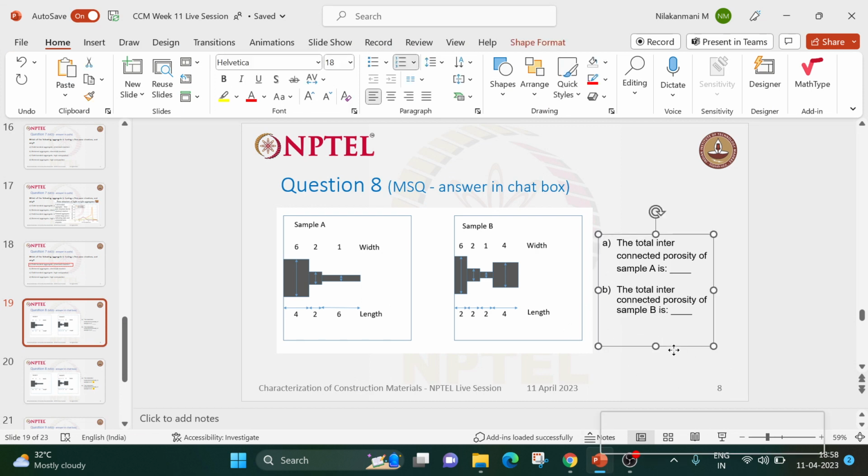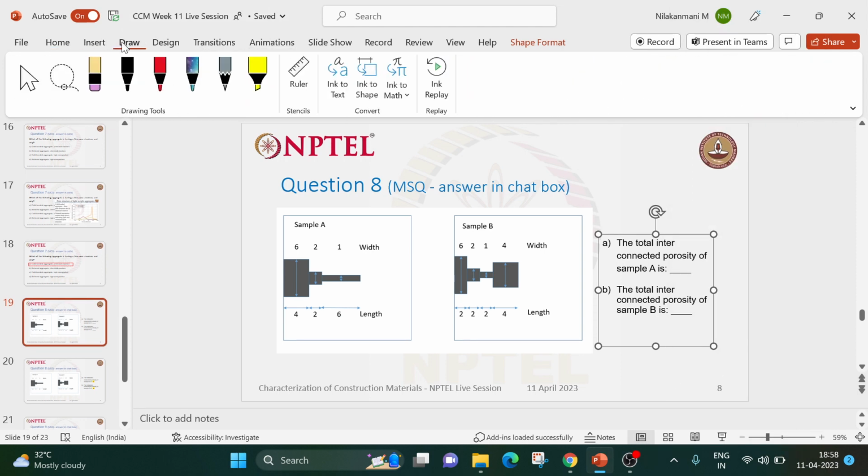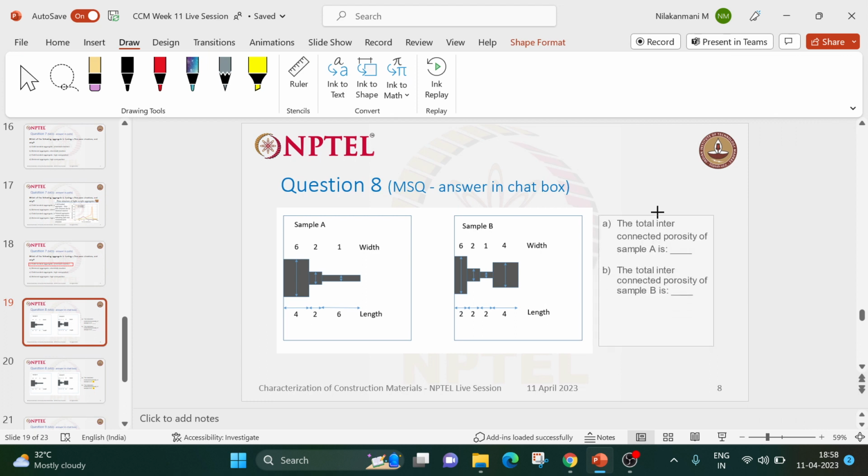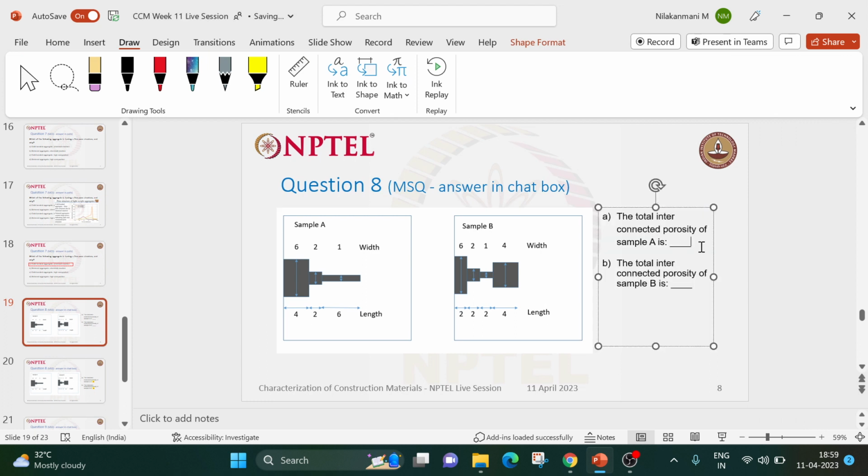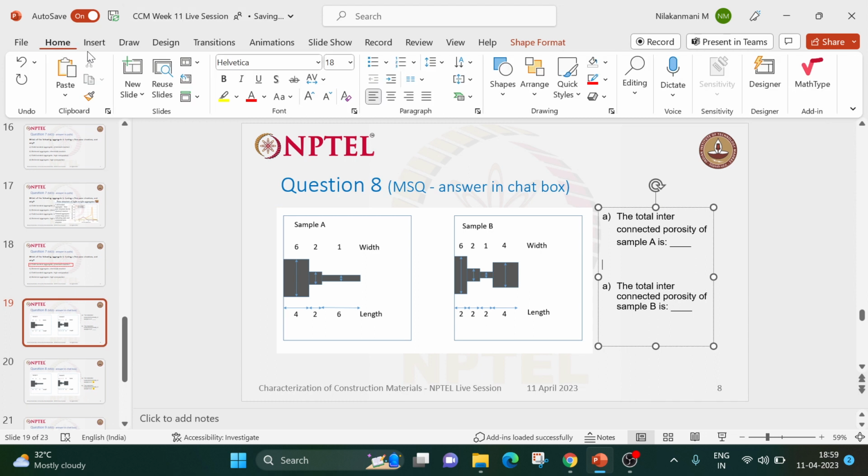So in this, where is the draw option? First, I'll take this and calculate here. So in the first sample A, it will be 6 multiplied by 4 plus 2 multiplied by 2 plus 1 multiplied by 6.